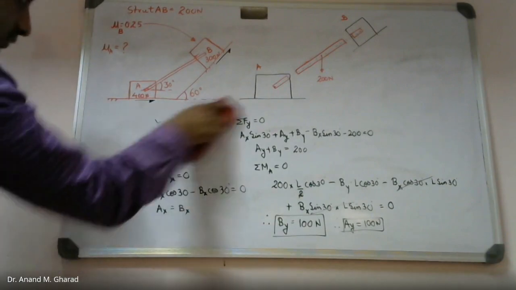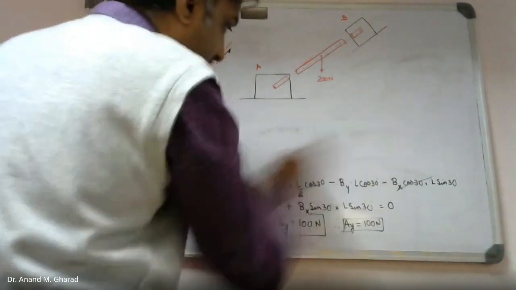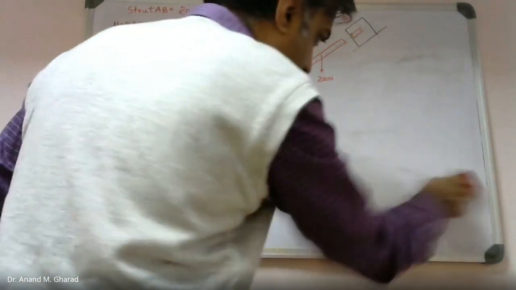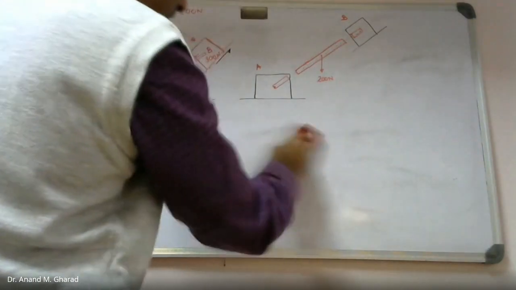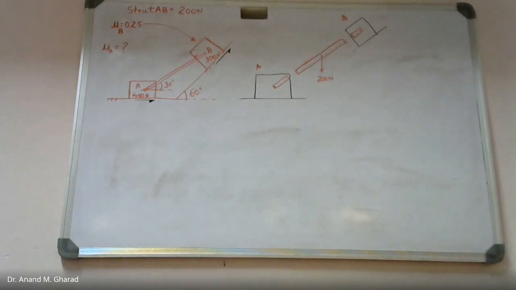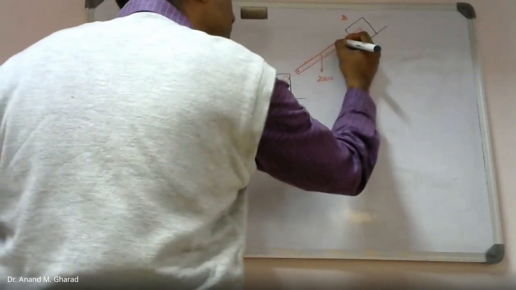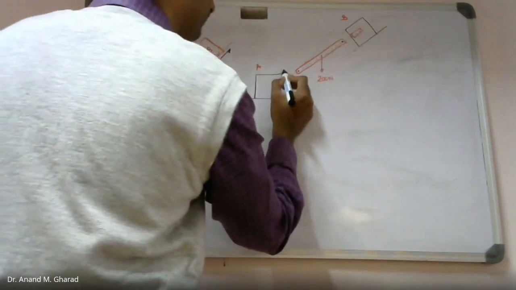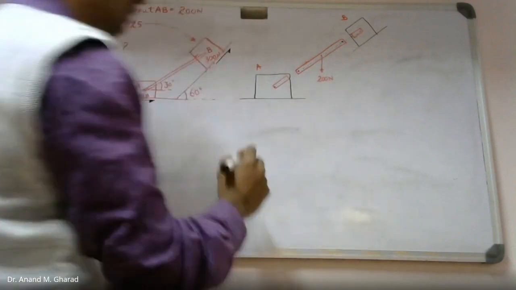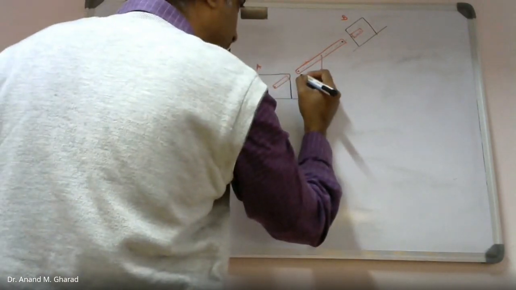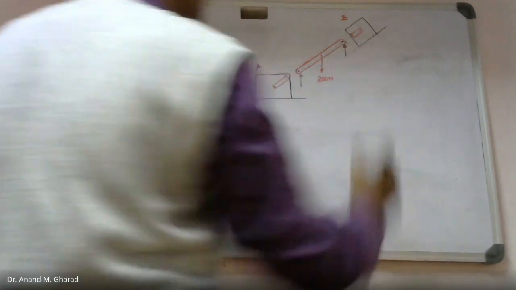Now, what we will do is we will be representing all these values on this strut because we have discussed this thing with respect to the strut only. So for strut, the directions were like this because both the values came out to be positive.